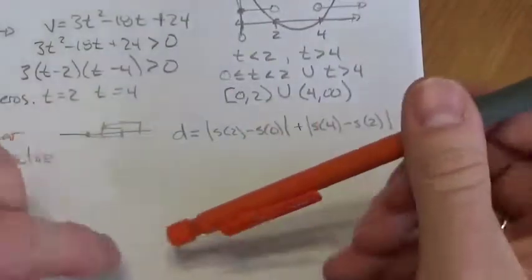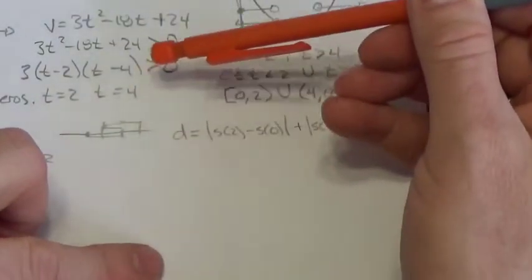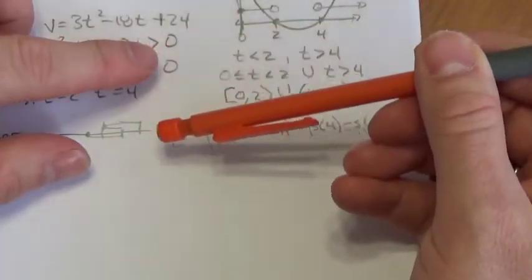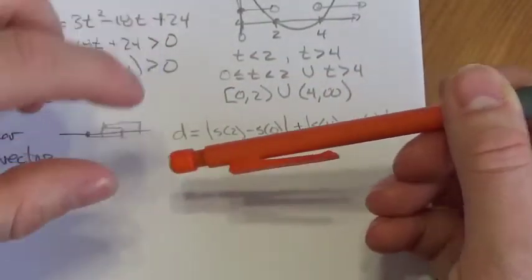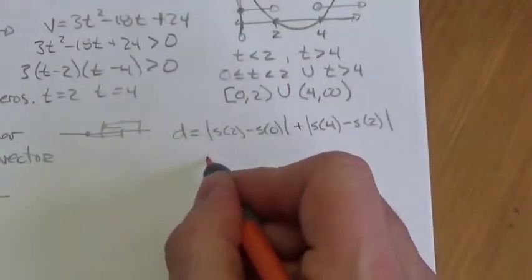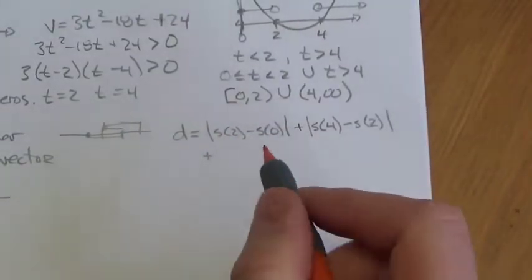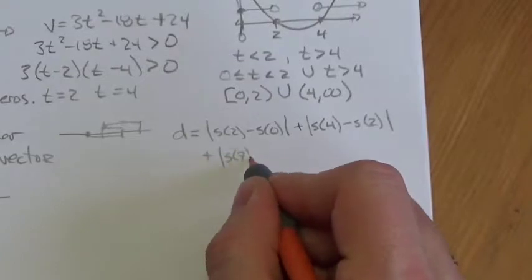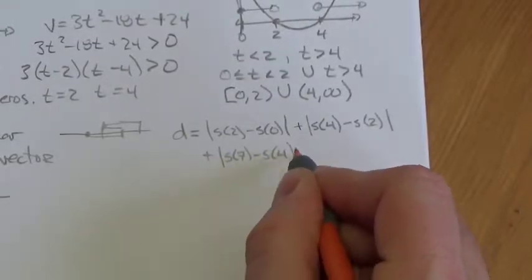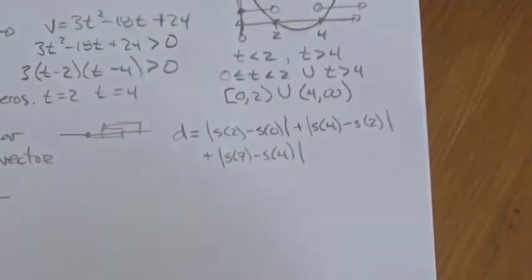Okay? Because it went from 0, it went up to 2 seconds, then it changed its directions. Now I want to know what this change in displacement is. Okay? Then my last little section right here is going to be to determine what the displacement is from 7 seconds down to 4 seconds. And again, I take the absolute value of that.